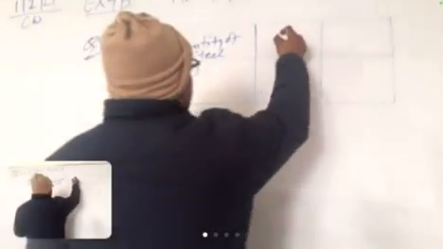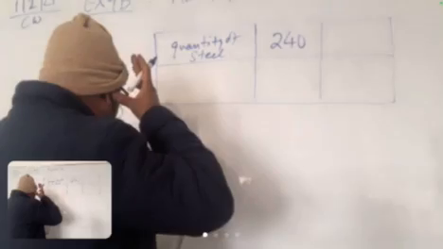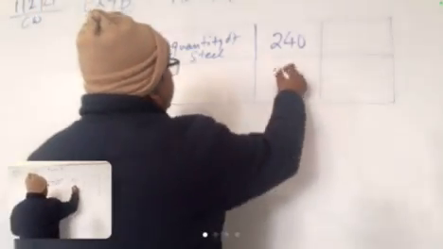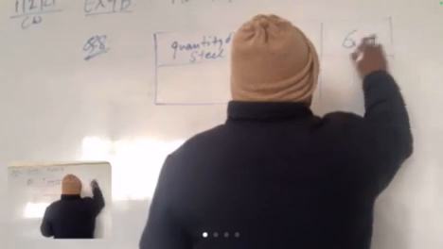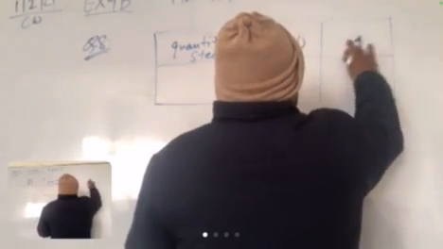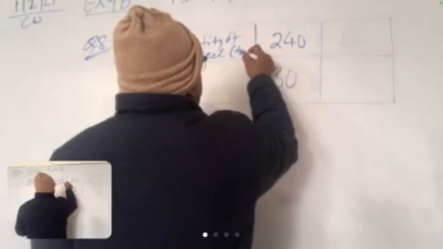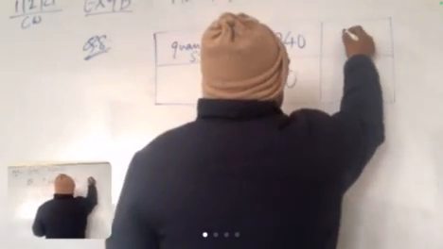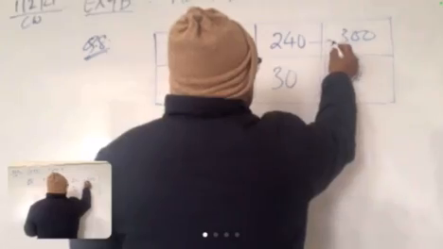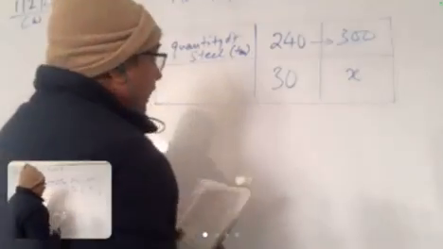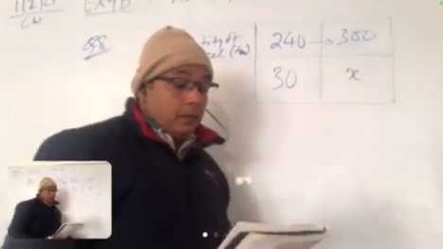So the quantity of steel is 240, enough for 30 days. If you want to produce 60 more ton, so this is in ton, and now this is 300. So X. Now the production is increased.